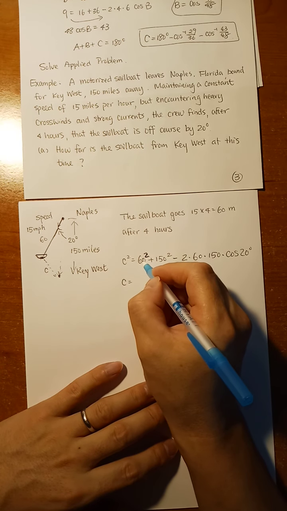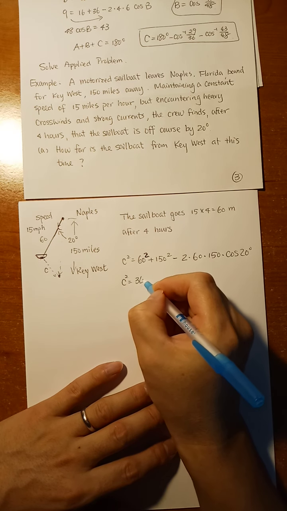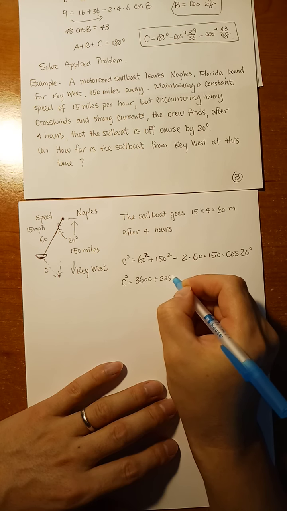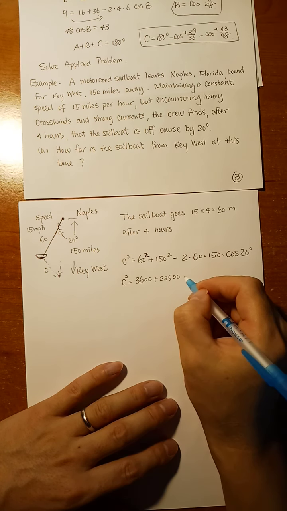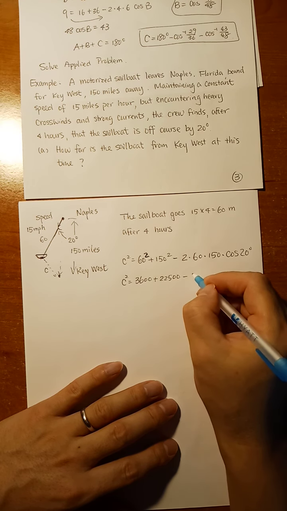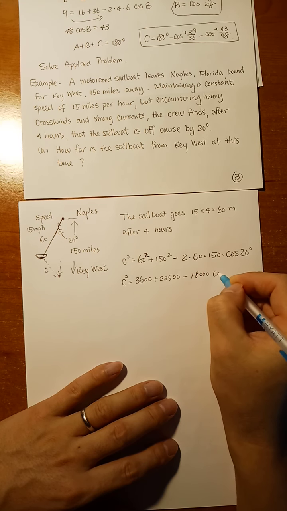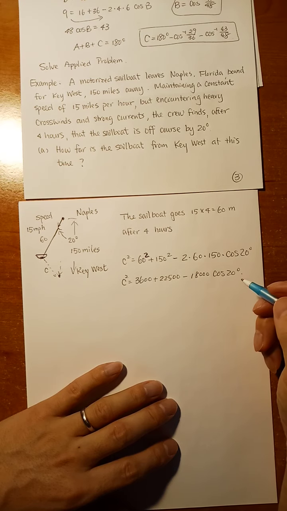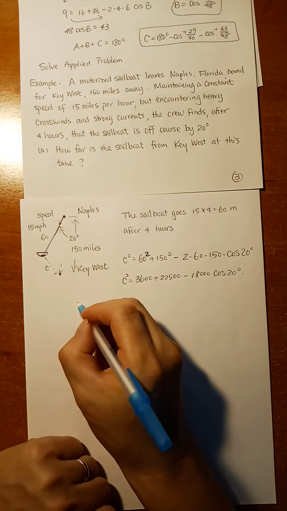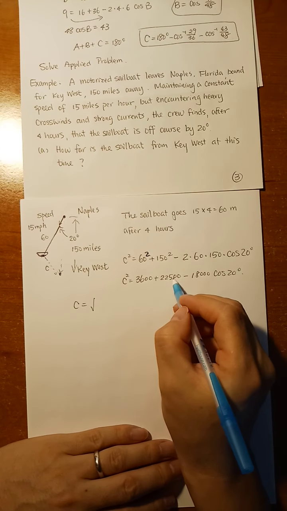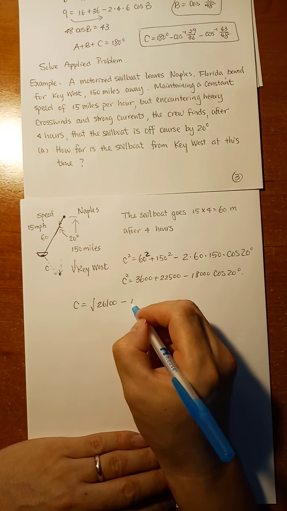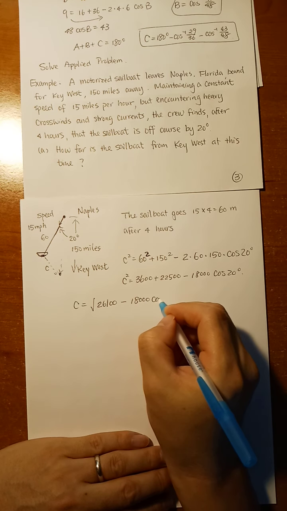So at least you have to figure out what 60 squared is, 3,600. 150 squared is 22,500, and minus 2 times 60 times 150, 18,000, times cosine 20. Then C is equal to the square root of 26,100 minus 18,000 cosine 20 degrees.